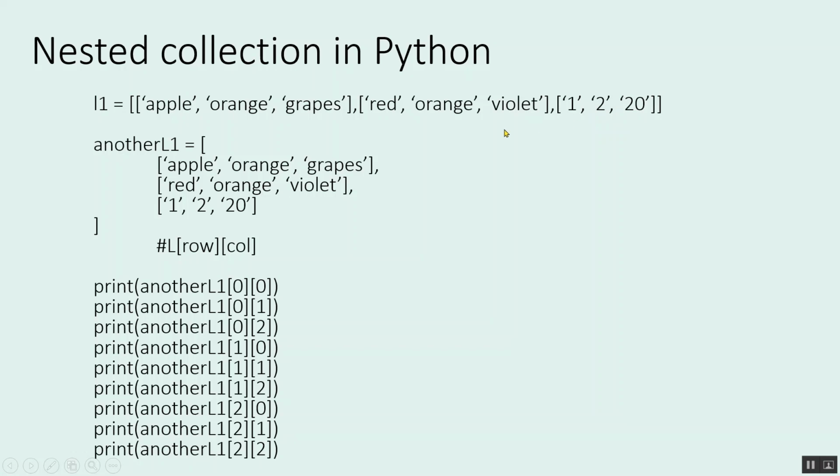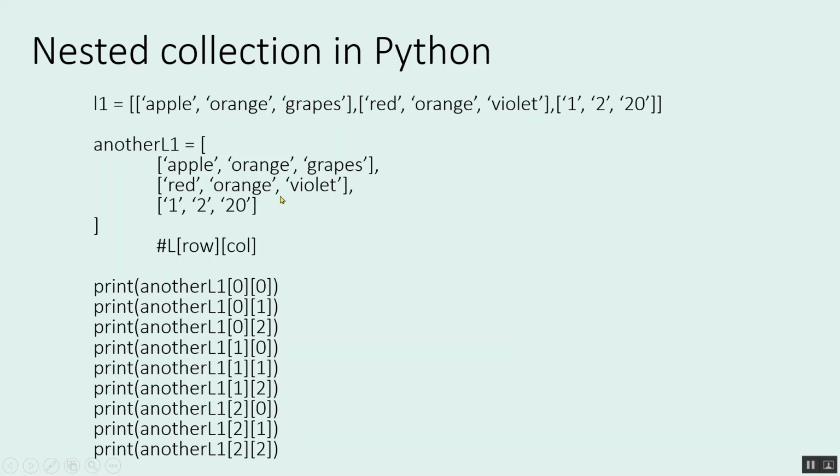We also have another representation of nested collection for list. For example, we have another L1 list with square bracket, and inside this another L1 we have different kinds of fruits, different colors, and also different numbers represented as string.